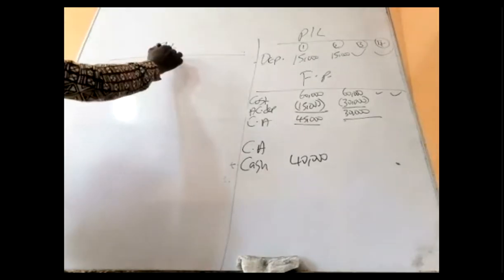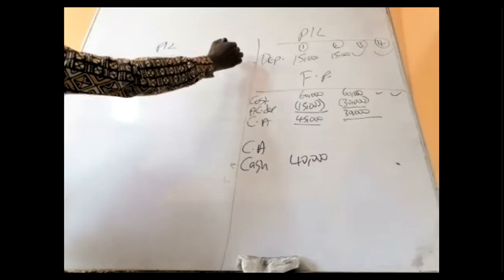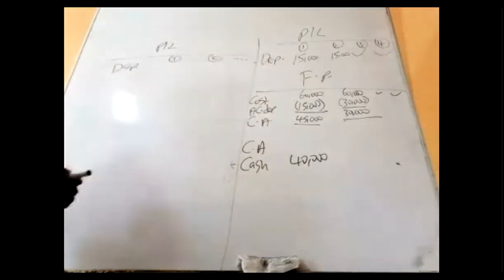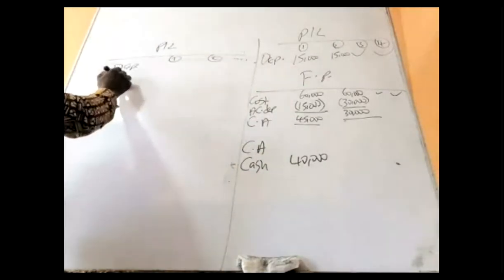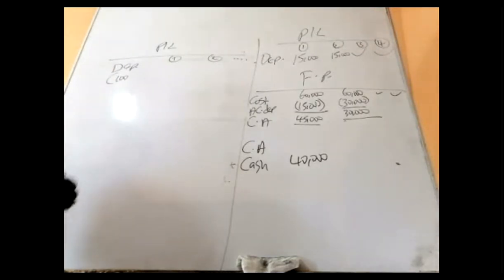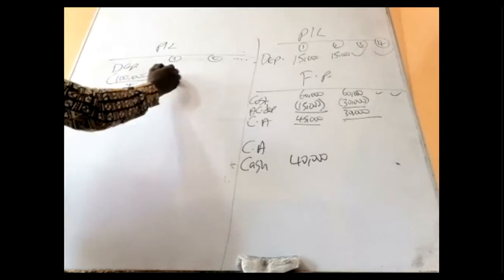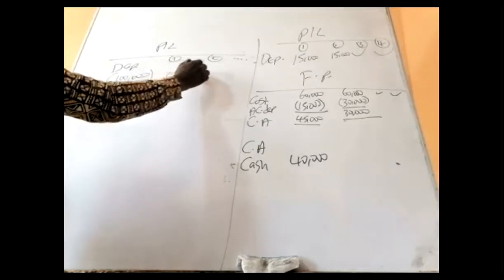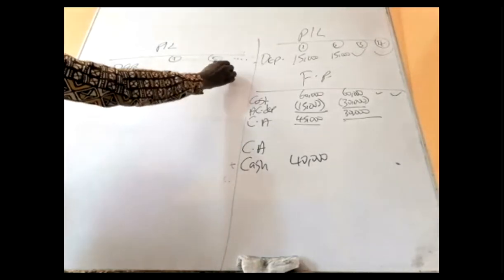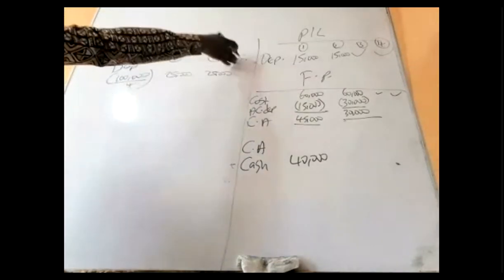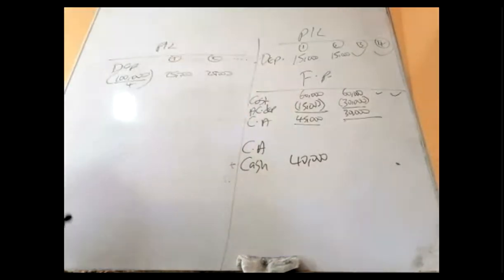Year 1, year 2, in fact up to the last year. Depreciation goes on the original cost. So 100,000 divided by 4 years, right? That should give us 25,000 cedis throughout, year 3 up to year 4.